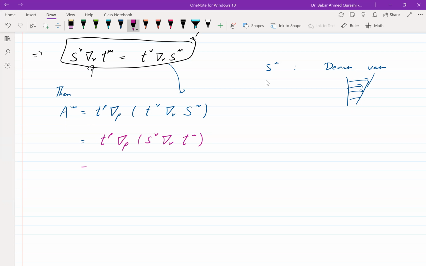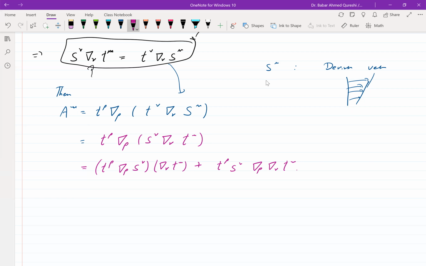And now I just use the Leibniz rule for the covariant derivative. So I get D rho S nu D nu T mu plus T rho S nu comes out and D rho acts on D nu T mu.